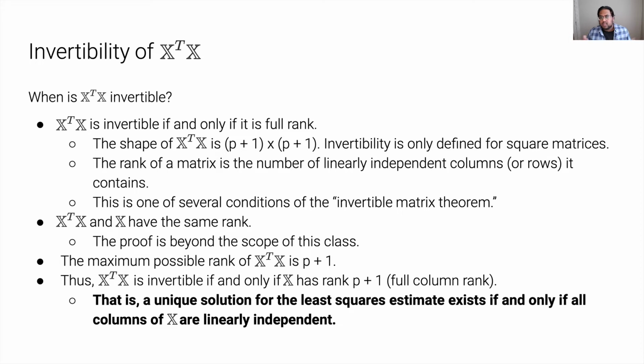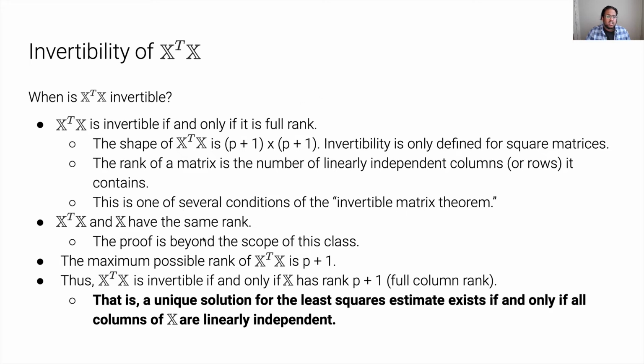One of the big properties that you look at in a linear algebra class is that the number of linearly independent columns that a matrix has is equal to the number of linearly independent rows that matrix has. And so the row rank and column rank of a matrix are always the same. Another property is that X transpose X and X both have the same rank.